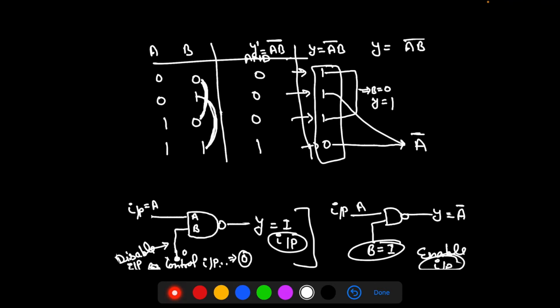So these are the various interpretations of how we can use this circuit with our control input. When the control input is 0, this is the disable input. When the control input is 1, this is the enable input. This is for the NAND case only; you can find it for every other gate also.